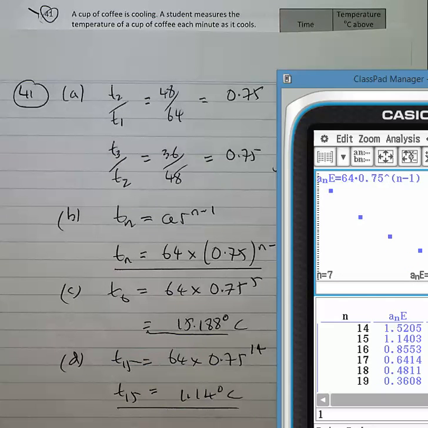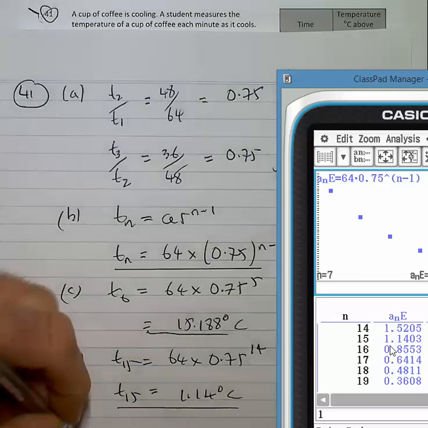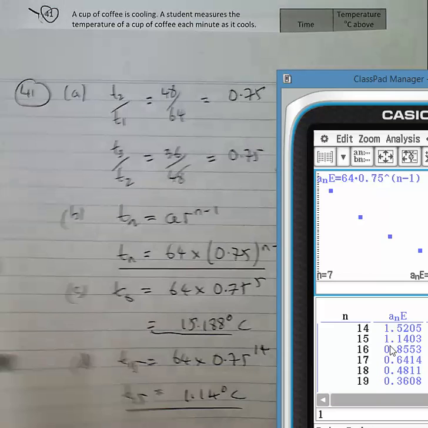Working the rest of that problem, you can see that after 15 minutes, 64 times 0.75 to the power of 14 gives me 1.14 degrees Celsius, as confirmed on the table. Now we're also given some additional information.